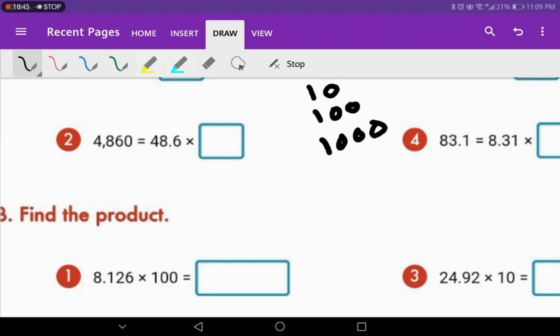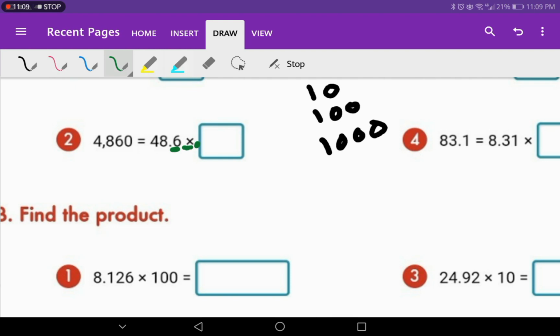Okay. Actually, the decimal point was here. How many steps did it jump? Jump 1, 2, and then it's B here.